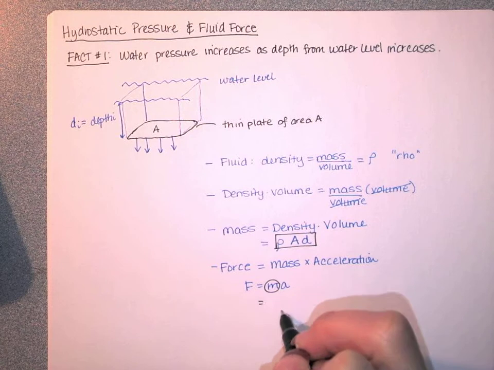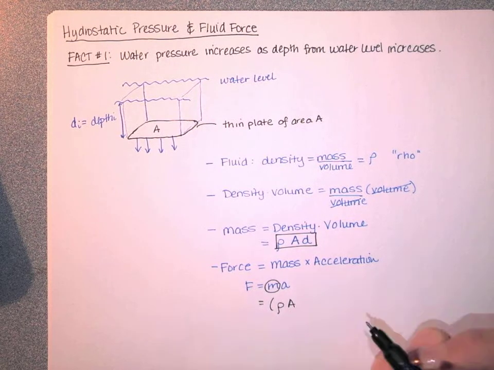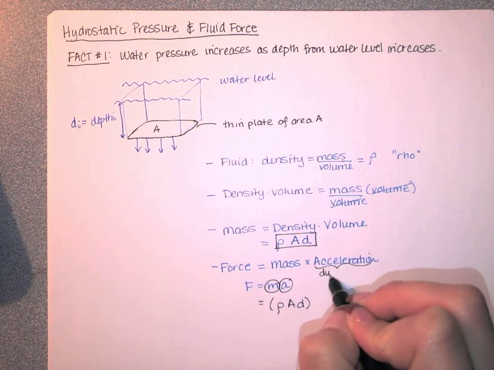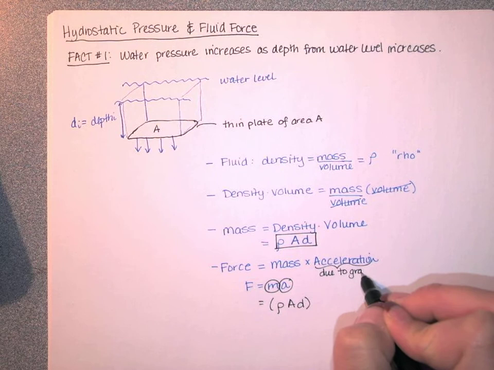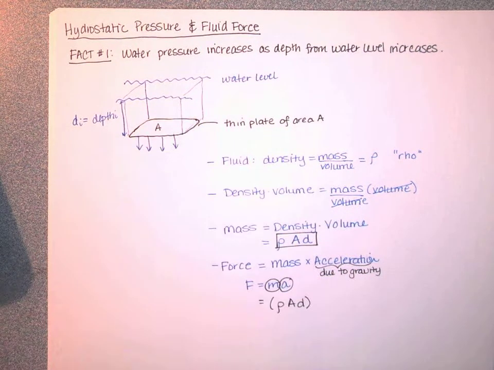So this is equal to density times the area of that slice times the depth of the slice. And acceleration is going to be acceleration due to gravity in this case. So gravity is acting on this water and it's pulling it down.